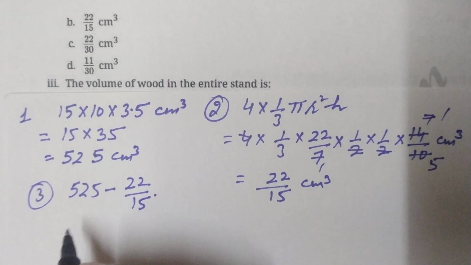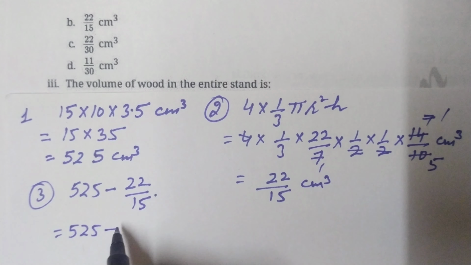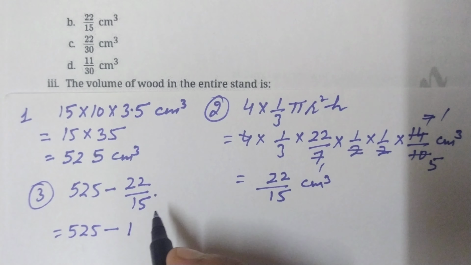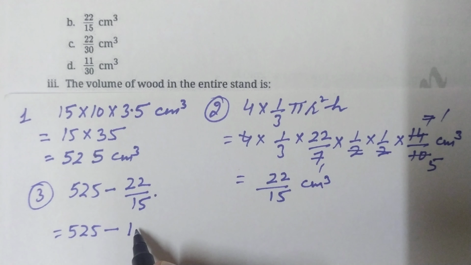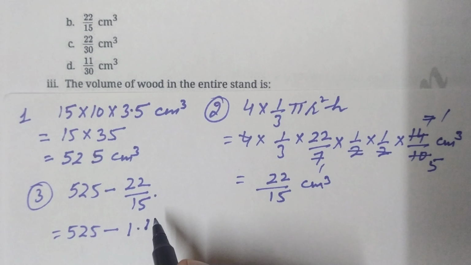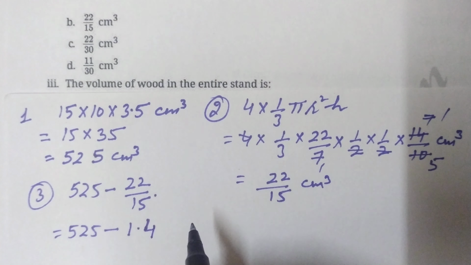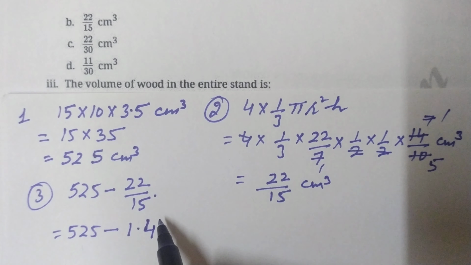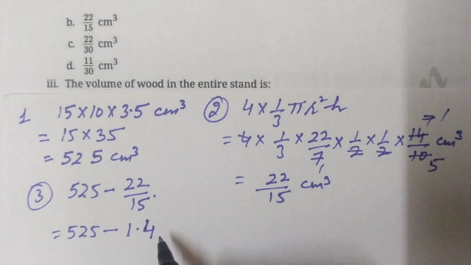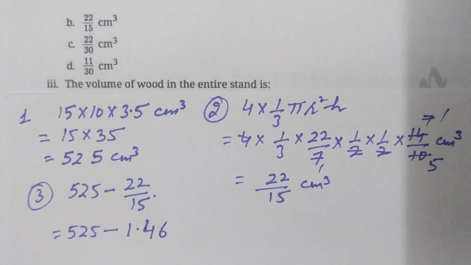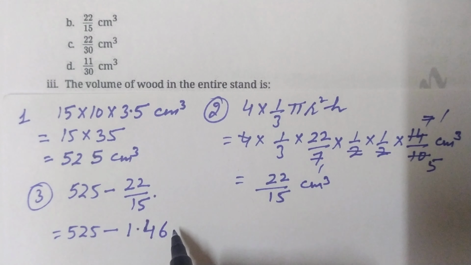So it will be 525 minus 22 divided by 15. 15 1s are 15, 7 is left, so 70. 15 4s are 60, 10 is left, so it becomes 100. 15 6s are 90, again 10 is left, it is 100 now, 15 6s, so 666 will come.